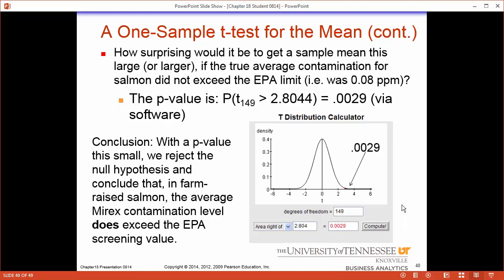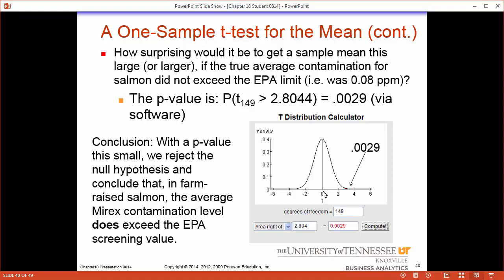Looking at this distribution, we can see that the probability of our results or results more extreme is very small. We only had a 2 or basically 3 out of 1,000 chance of getting our results or results more extreme, given that the null is true.